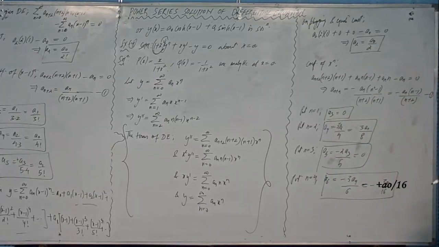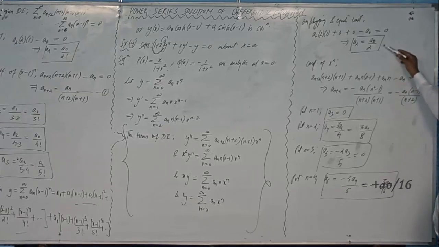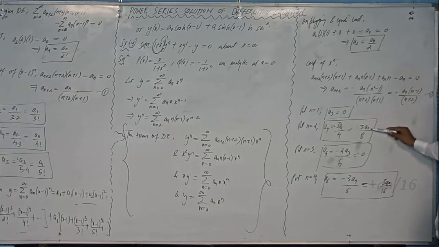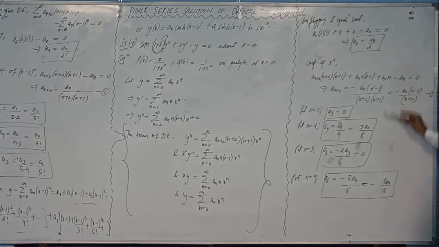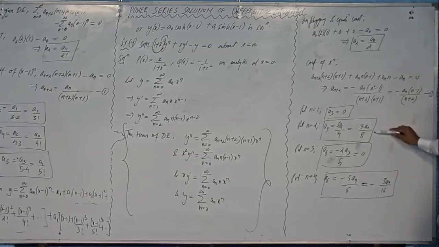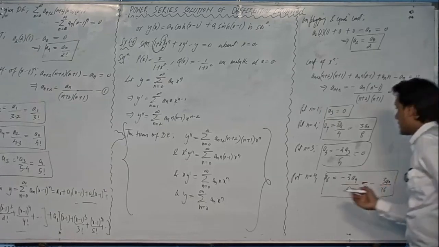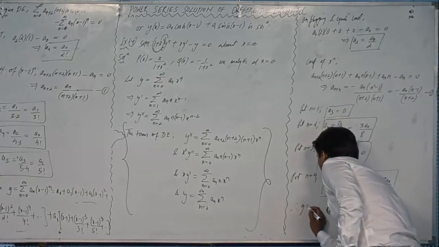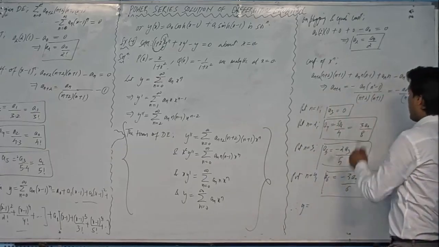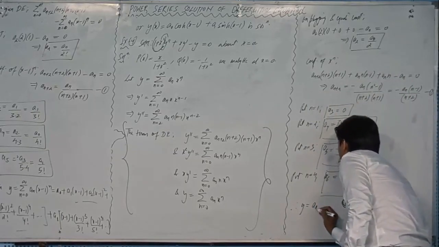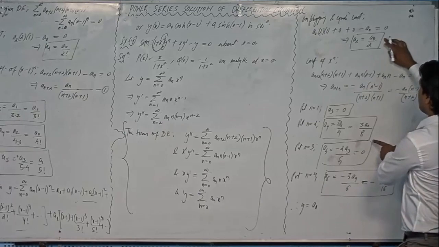Now I think I can put these values. I have got a2, right? a3 is 0, a4, a5 is 0, a6. So this is a naught. With a naught I have 3 terms, and a1 is okay, right? So therefore my solution will be y is equal to a naught. What is my a naught? A naught is a naught, right? And you can see that a naught can be taken common from these terms.